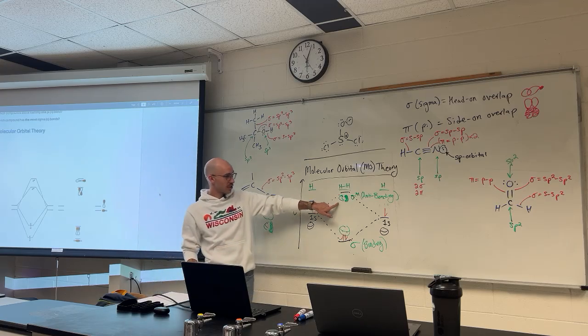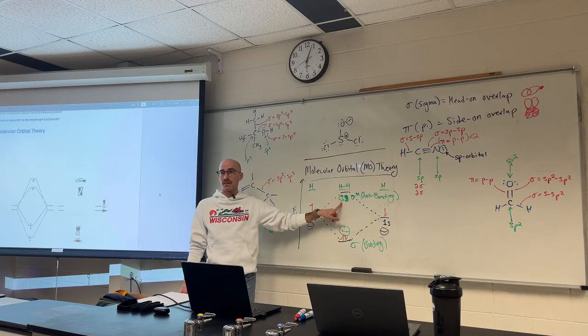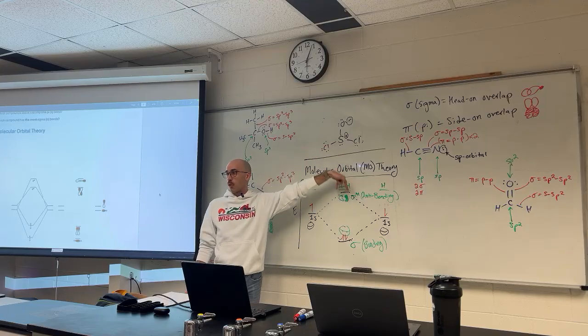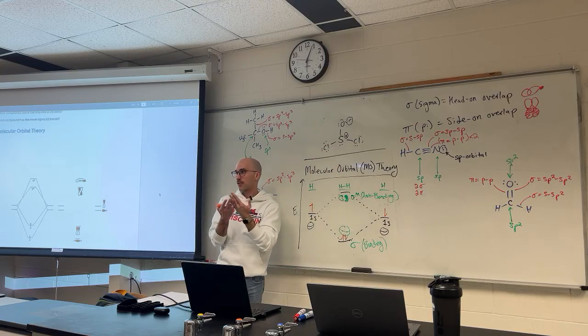Orbitals, these shapes, the math that defines them, help us predict what is possible. For instance, if I wanted to put electrons into here, I am going to need an orbital that has this type of shape, ideally a p orbital, or something that can overlap with this orbital to create a bond.